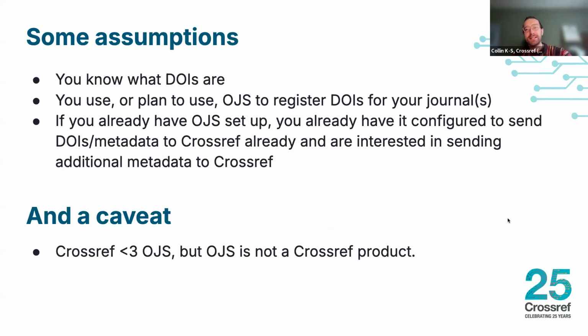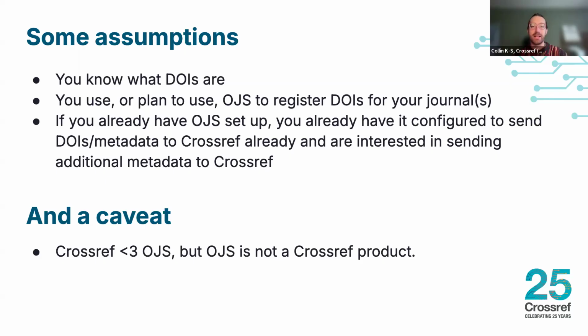A couple quick assumptions that I have about you who are here today. We're assuming in this webinar that you already have a basic sense of what DOIs are and kind of what they can do for you. We are assuming that you are already using or perhaps are soon planning to use OJS to register DOIs for your articles.